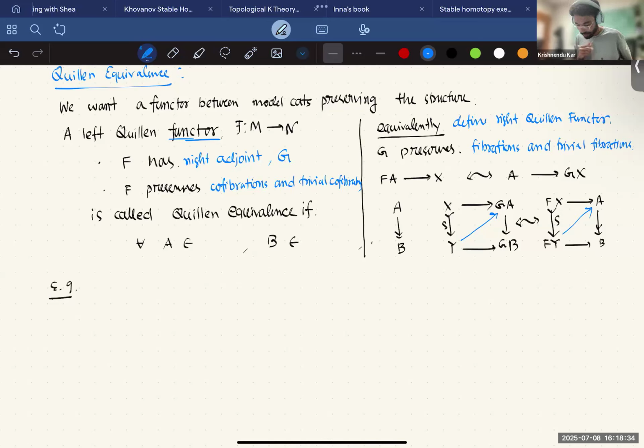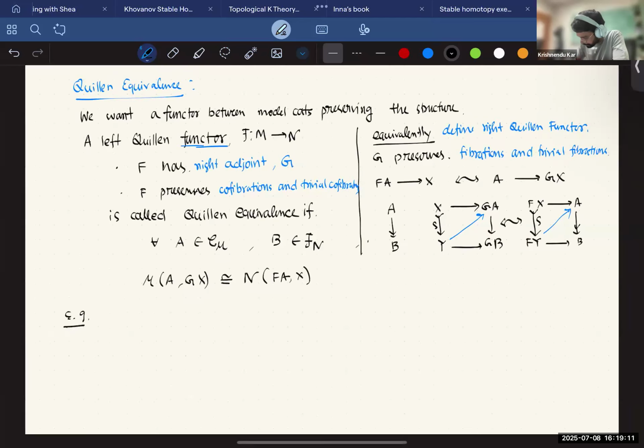And it is called a Quillen equivalence if for all A a cofibrant object of M and B a fibrant object in N, this equivalence of adjunction, FA to X, will restrict to the weak equivalence classes.